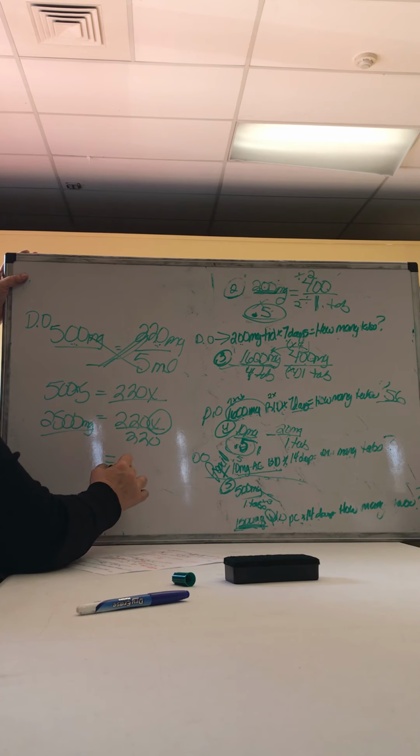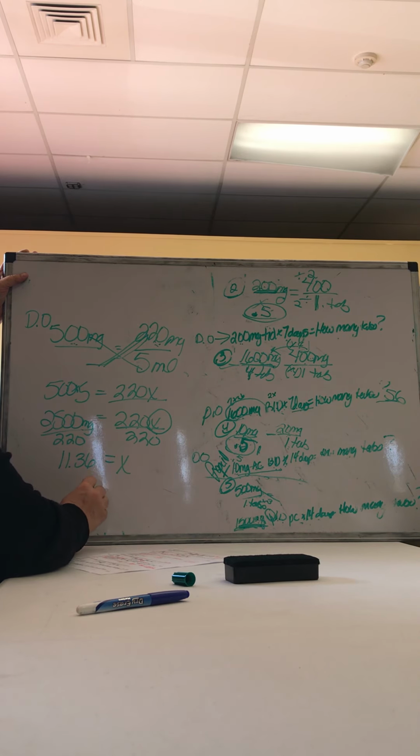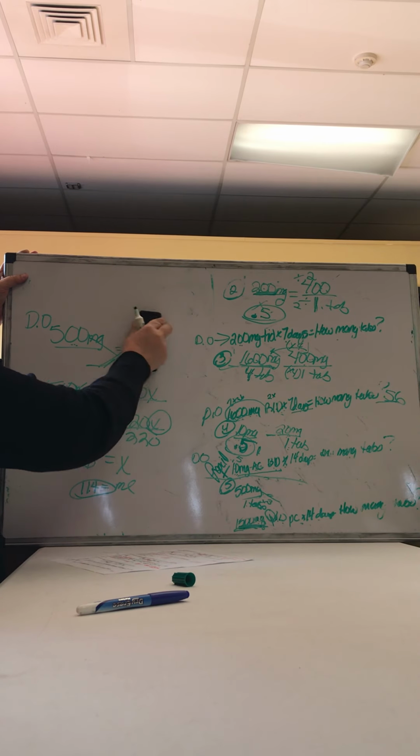Remember, always get your X by itself. 2,500 divided by 220 equals 11.36. So in pharmacy, we do what? We round up to 11.4 milliliters. Okay. Alright.